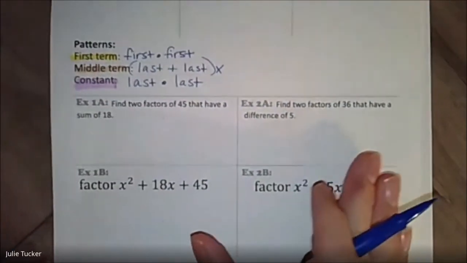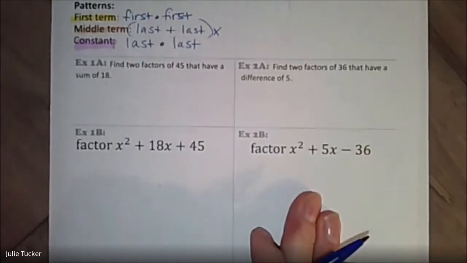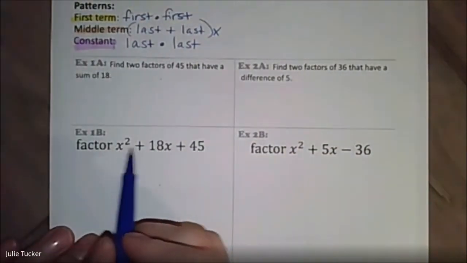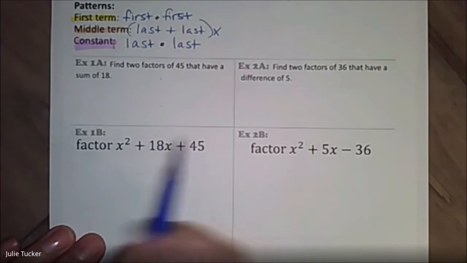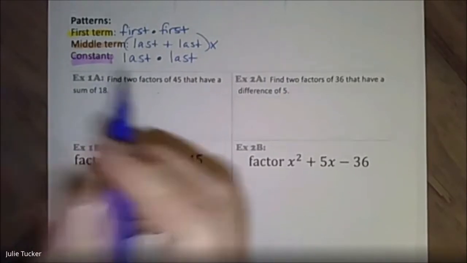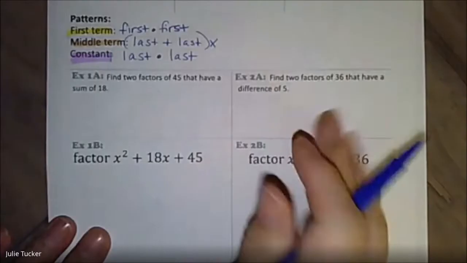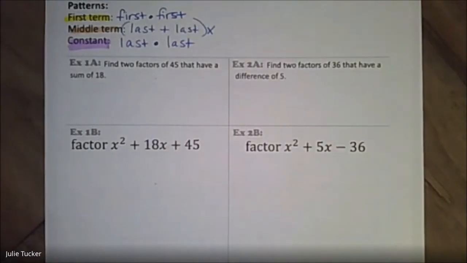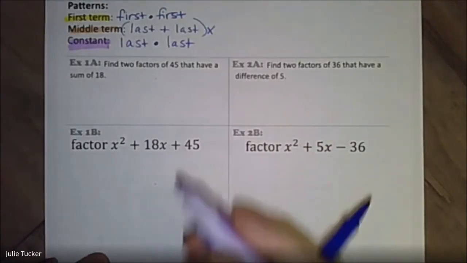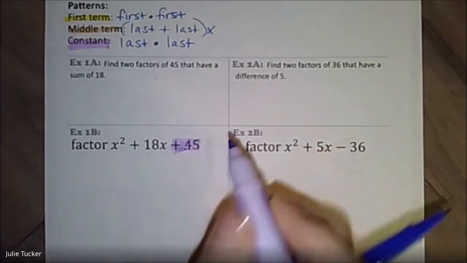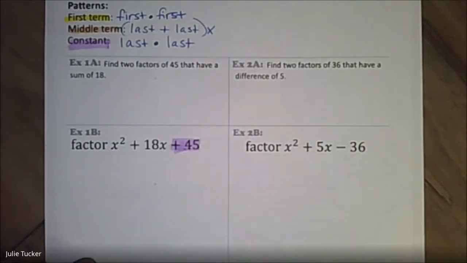So if we were trying to factor x squared plus 18x plus 45, we would need to know numbers that have a sum of 18, but a product of 45, right?